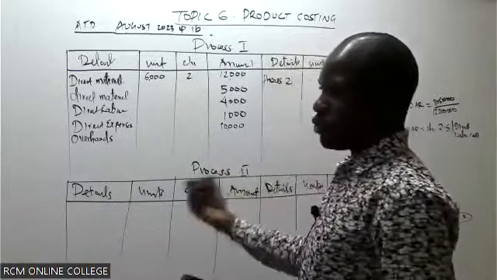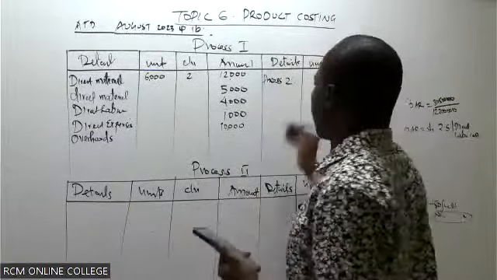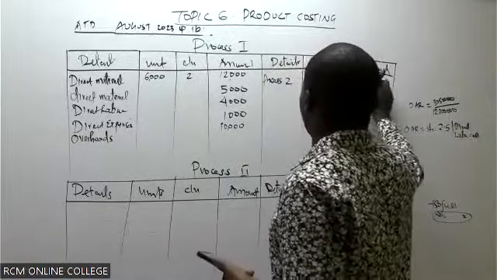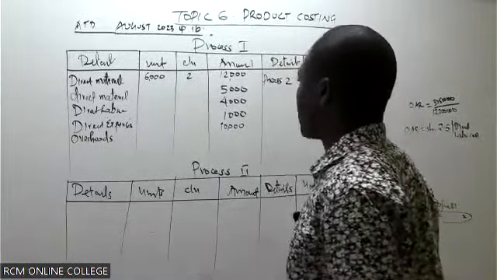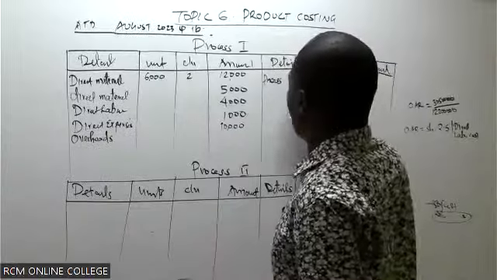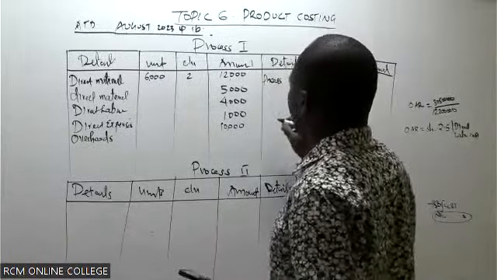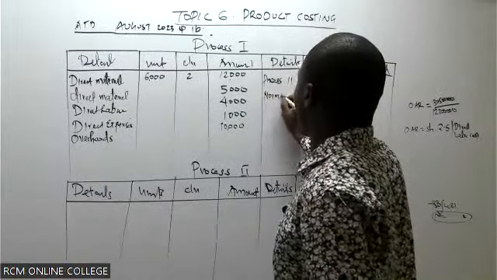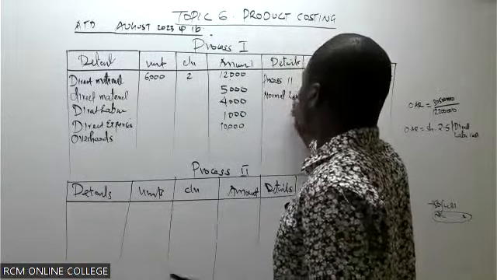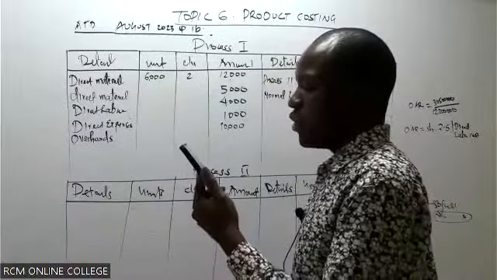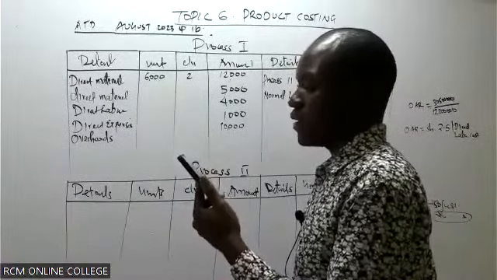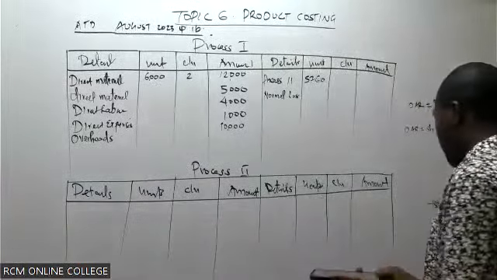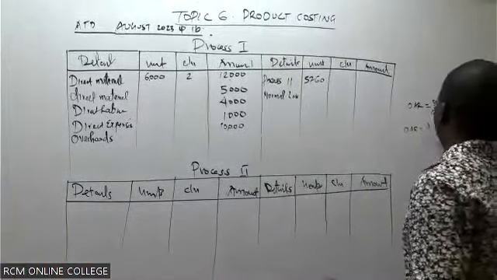The actual output is 5760 units. I do not know the cost. I need to calculate that. Whatever is going to process 2, remember we were told that the normal loss, tuliambiwa ni ngapi? For process 1, the normal loss is 5% of the input.